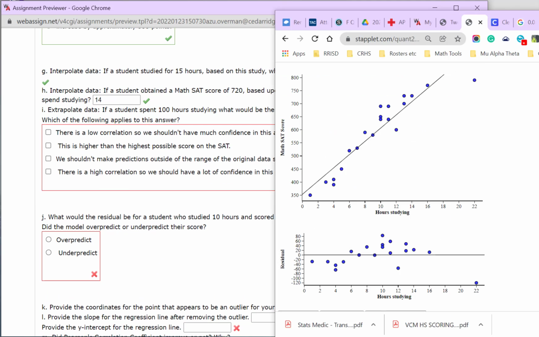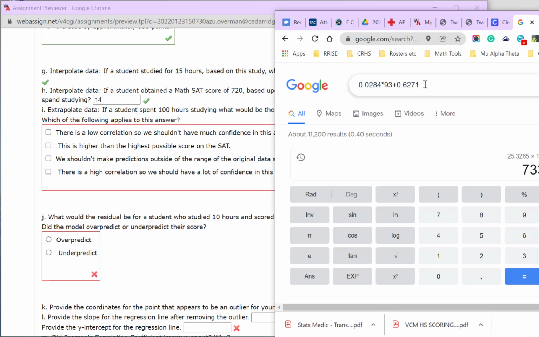So you can actually look at the graph. What I did is I looked at 720 and came over to the line to see how that's hours studying. It's about the same value right here. So this is about 720. It's about 14 hours. Now, algebraically, what you could have done is go backwards, right? So you'd subtract the y-intercept.